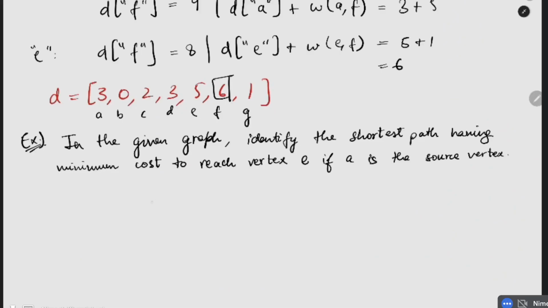And the graph that we have to analyze is this.